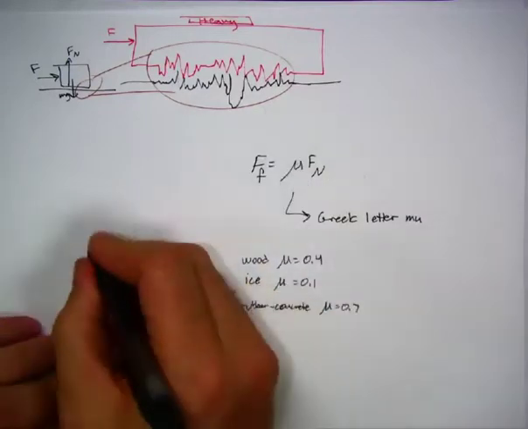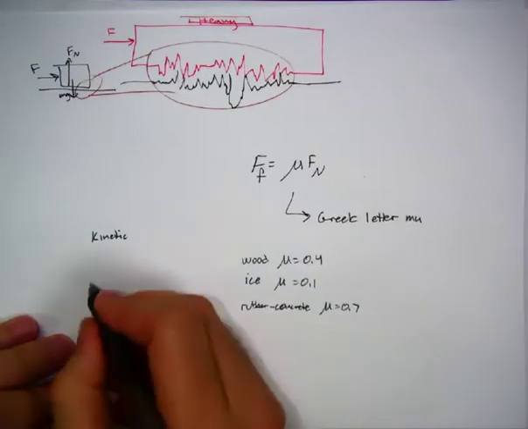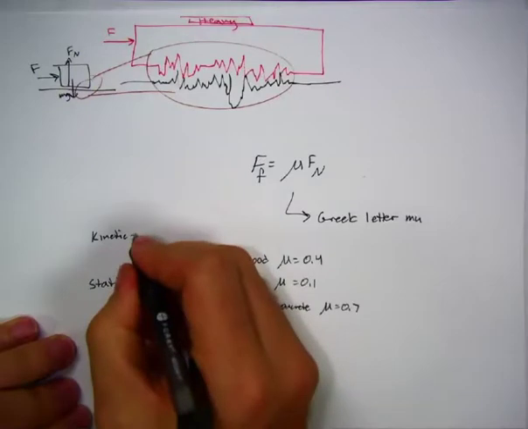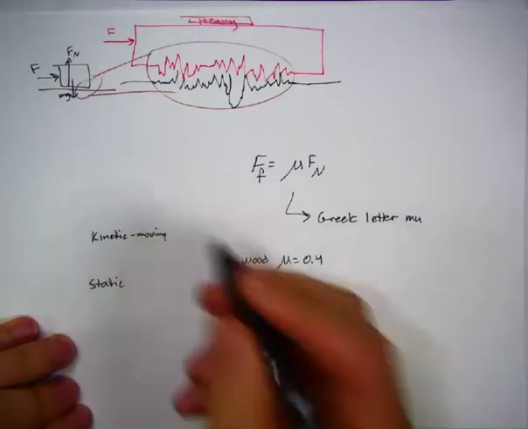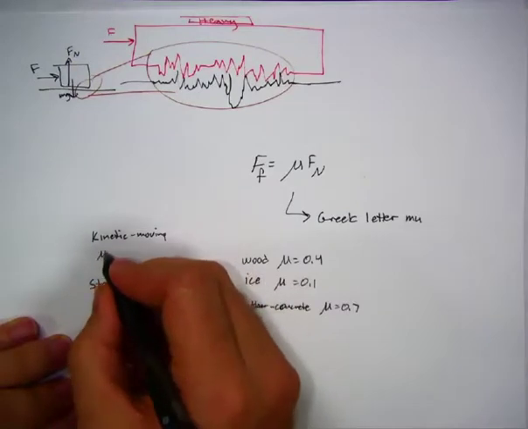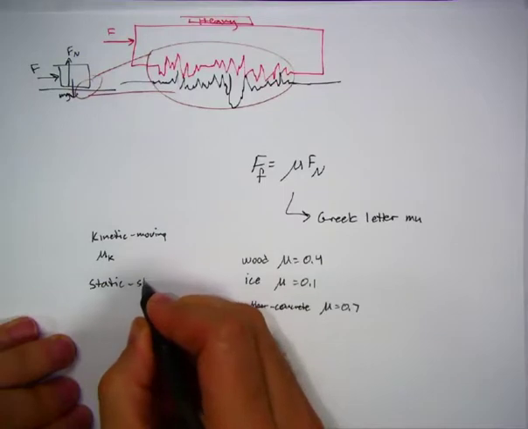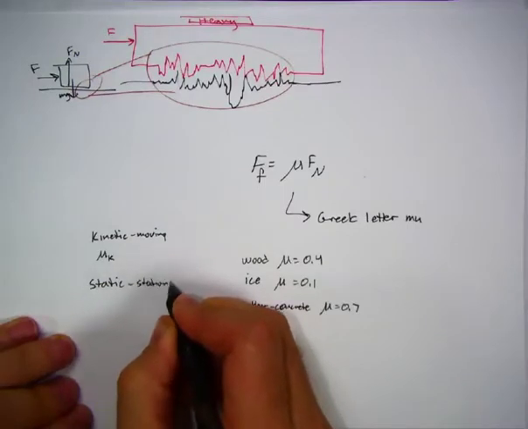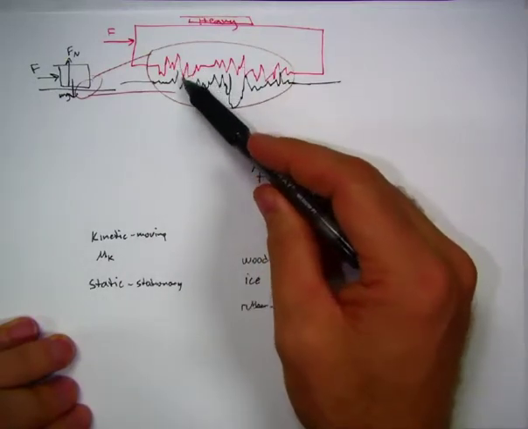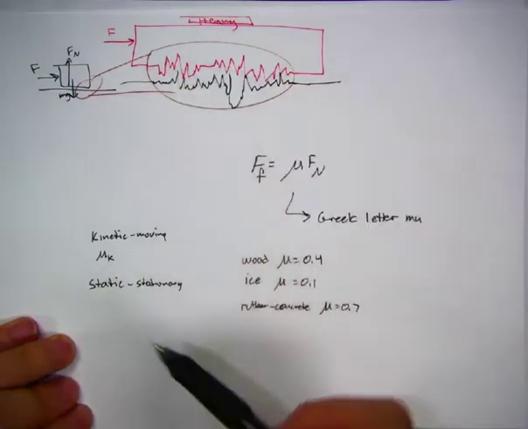So moving friction, or kinetic friction, is going to be different than not moving friction, or static friction. All right, so kinetic friction is going to be moving, and we're going to see that that's going to be easier. So we're going to have mu kinetic, and static friction, or stationary, right, not moving, is going to be different, because if it's not moving, this thing can slide all the way down in this valley, and it becomes much harder to get it started moving up over the top.